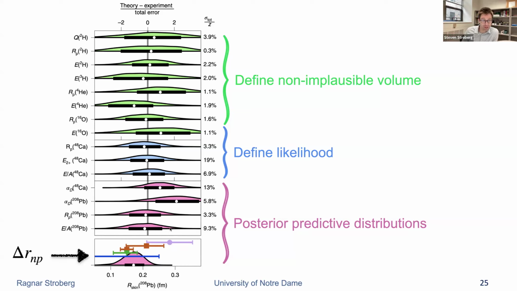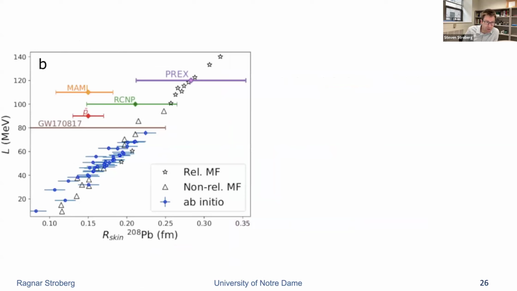but the experimental data is consistent with our assessed error bars. Now we have a prediction here for the skin of lead-208. That's this pink distribution, and these are various extractions from experimental probes. In particular, this is the result of the PREX experiment. An interesting question is whether the correlation that is present in mean field theory is still present in ab initio calculations.